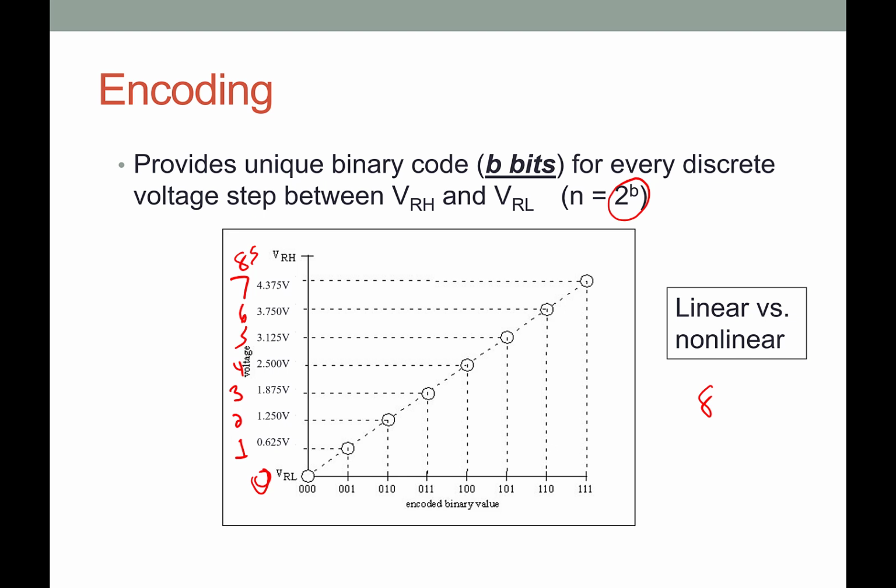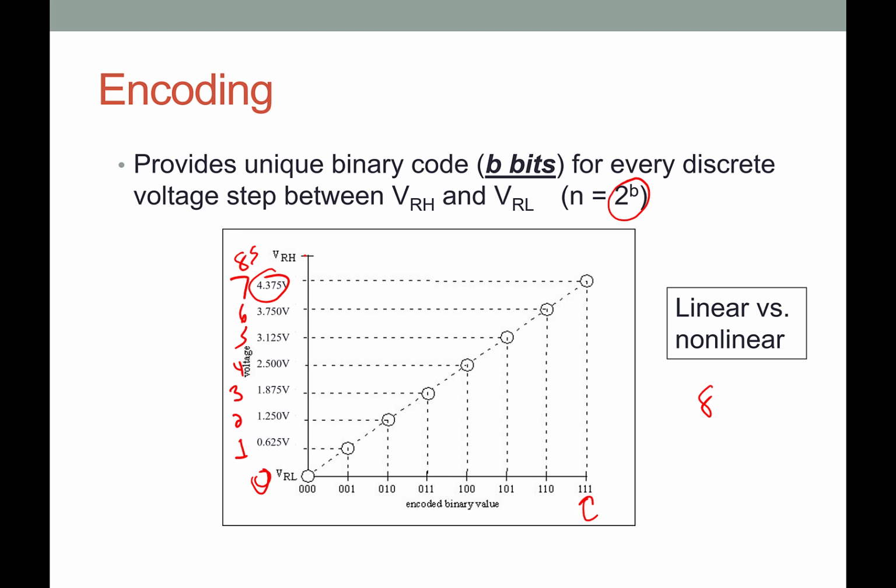No. Nope. If this was our setup right here and we did it this way, which is a linear encoding, it shows you the highest that you would expect to get is 4.375 if we were going from 0 to 5. So just be aware of that.